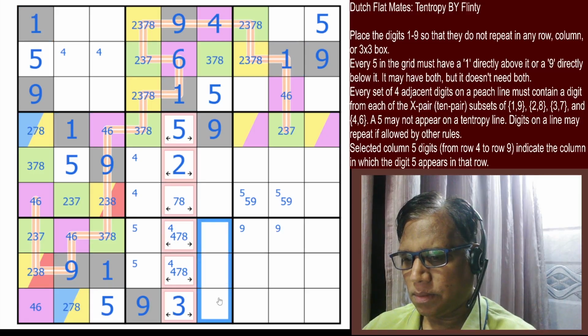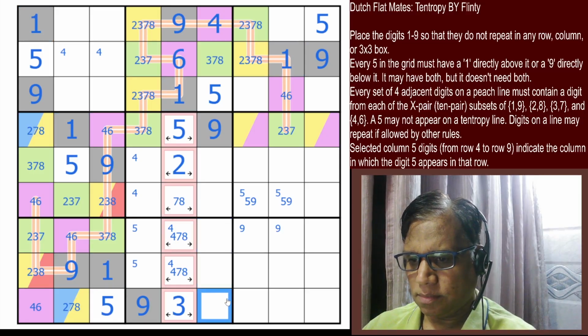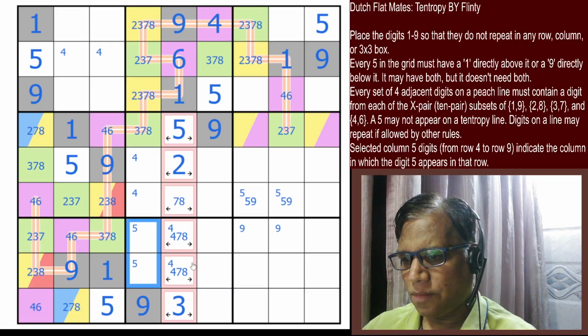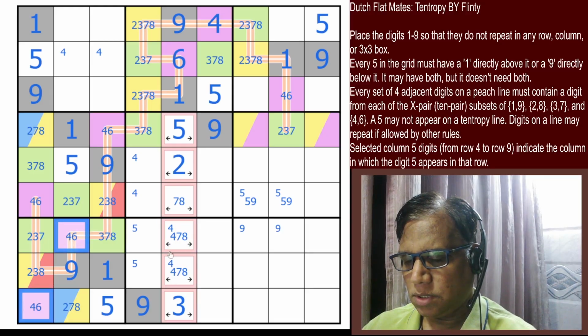Can 1 be here? I don't know. The 5 here will give out 4, right? Most probably that is 4, because then that will give some kind of digits here, but not sure. If that's 5, that is okay, because 9 is already there.